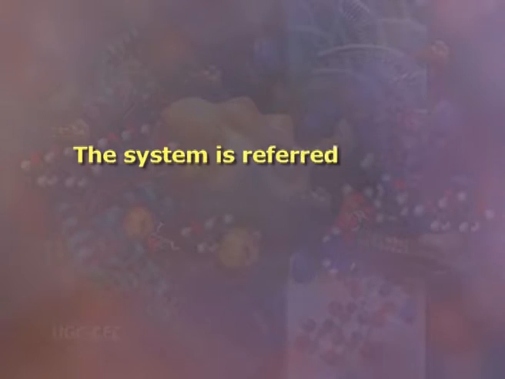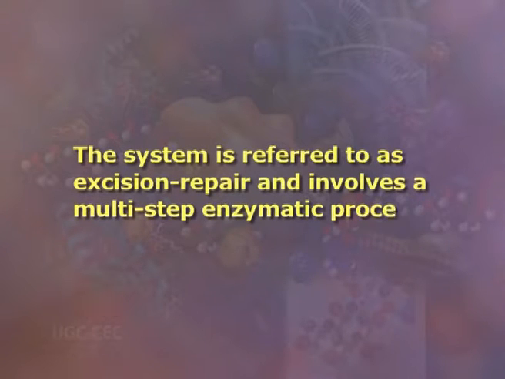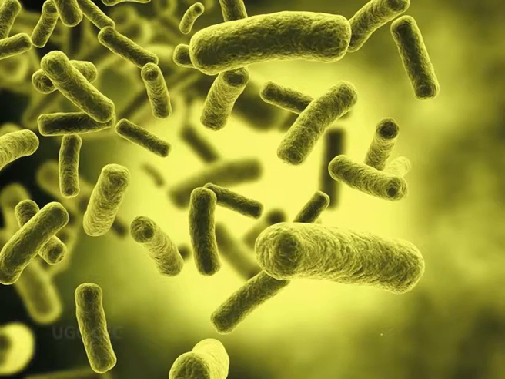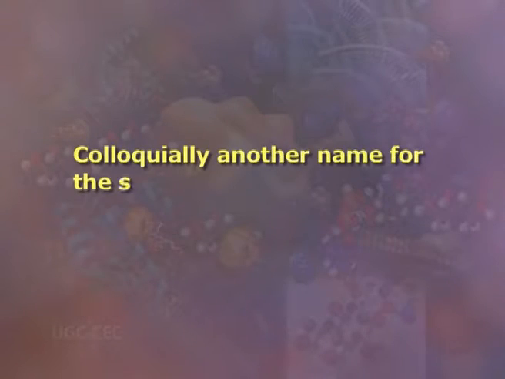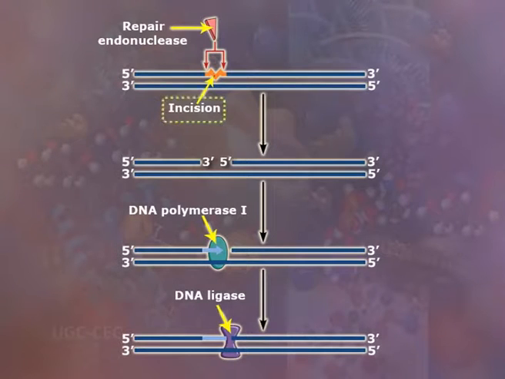The system is referred to as excision repair and involves a multi-step enzymatic process that has been studied and best understood in E. coli, in which it was originally discovered. This mechanism can repair pyrimidine dimers in the DNA in the absence of photolyase. Colloquially, another name for the scheme is cut and patch. The first step involves making a cut or incision.